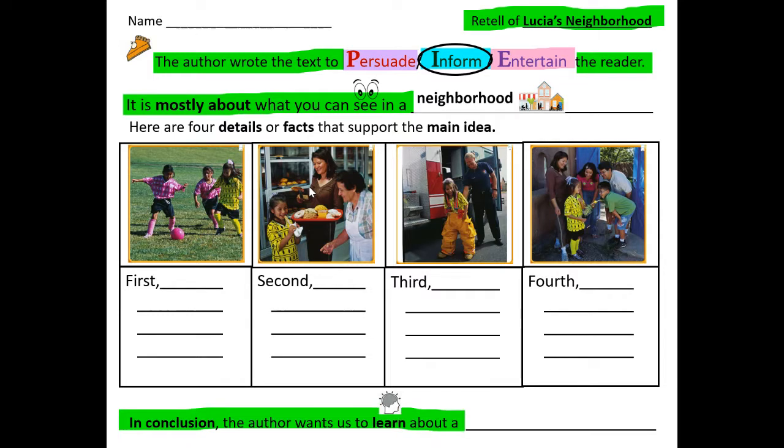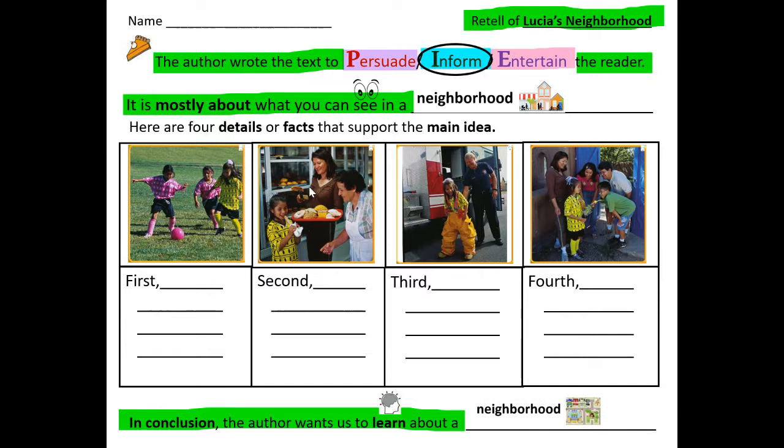So we're going to talk about the conclusion because in class, I usually hand out these two strips and you cut out the main idea and what the author wants us to learn. So in conclusion, the author wants us to learn about what? It's like the main idea.